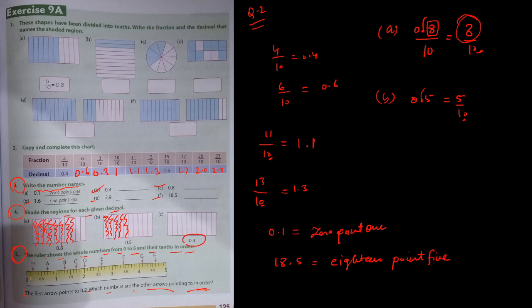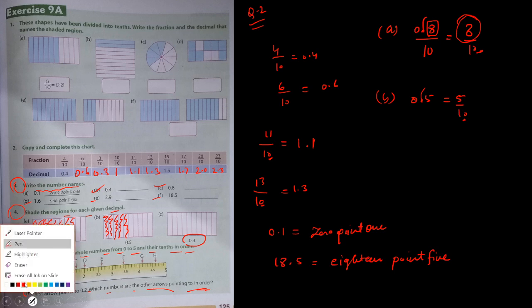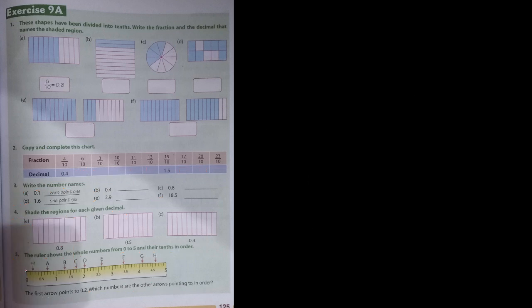So actually you have to see the arrows in this question. This is the first arrow and it is showing 0.2. A is the second arrow and it is showing, because this is 0.5, this is 0.6, this is 0.7, so A is showing 0.7.